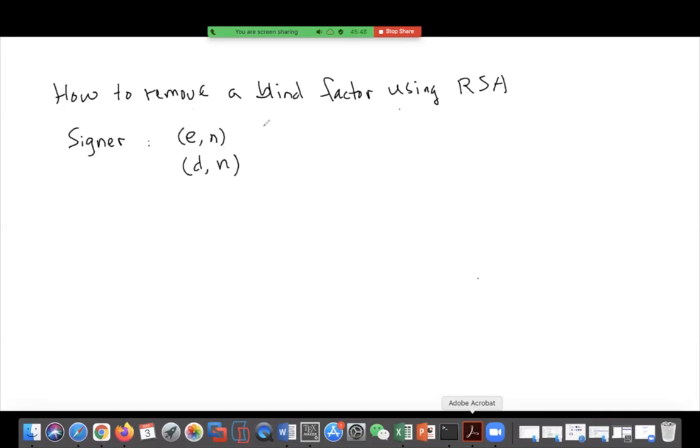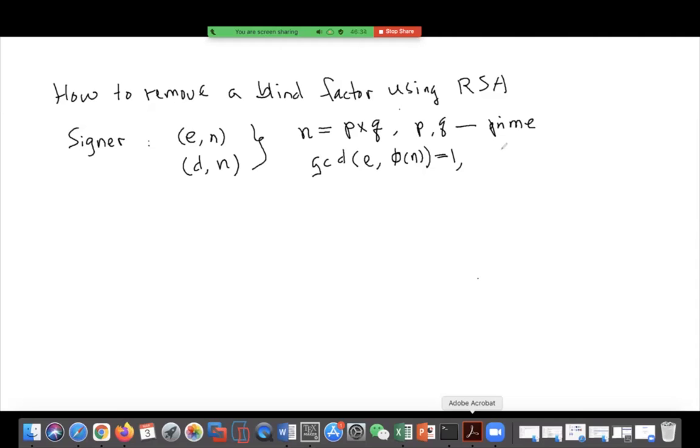Okay, so we know that N is a product of two prime numbers, P and Q. And we know that GCD of E and phi of N is equal to 1, which means that E and phi of N are relatively prime.